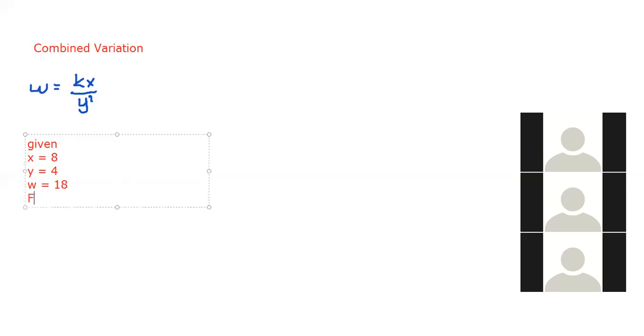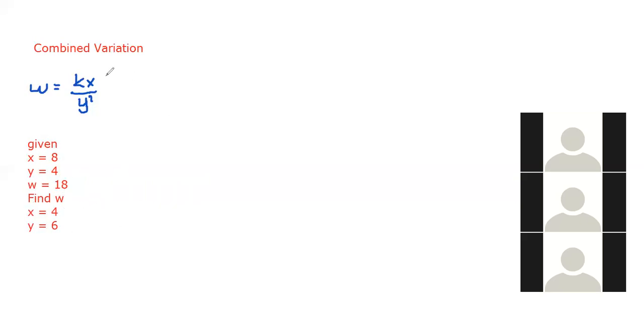Then, ang tanong dito, find W, or what is the value of W if X is equals to 4, then Y is equals to 6. Okay? So, yan na yung ating given.